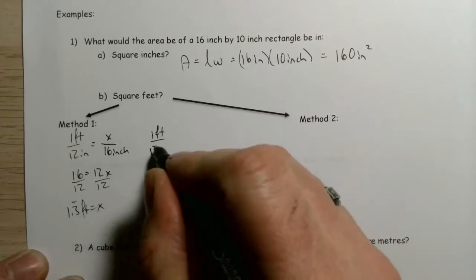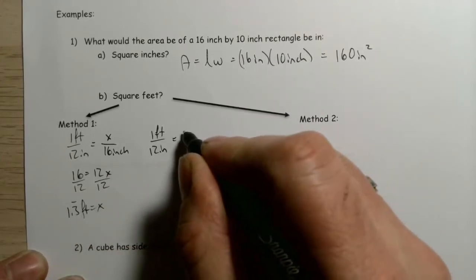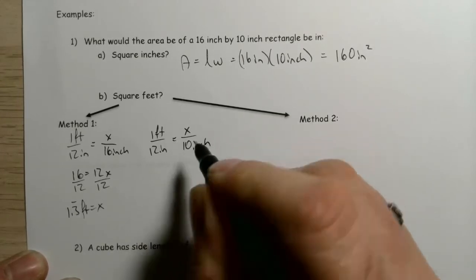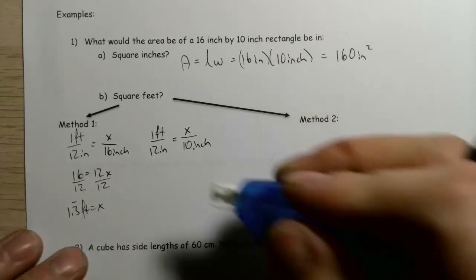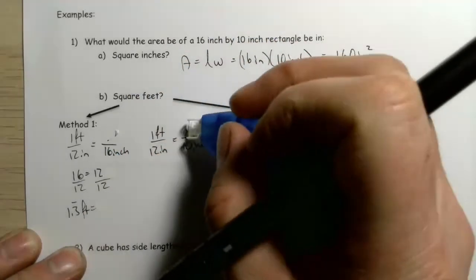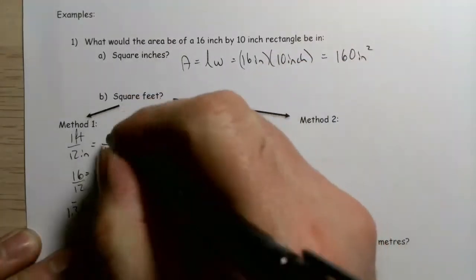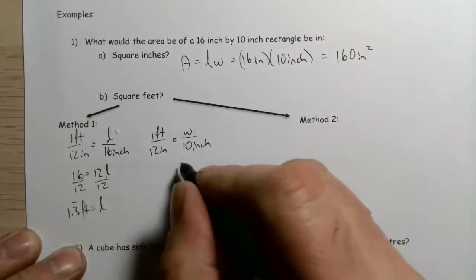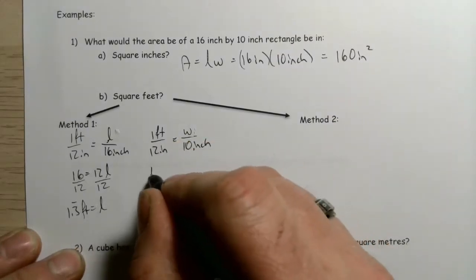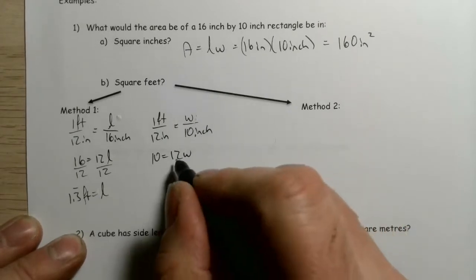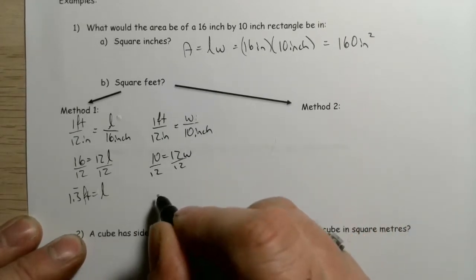So 1 foot, again, is 12 inches. I know that. And I'm going to convert it again. Actually, let's make this a little bit more straightforward here, because we know what these are. Let's call this length, and this is going to be width. So 10 times 1 is going to be 10. 12 times W is 12W, and I'm going to divide both sides by 12.